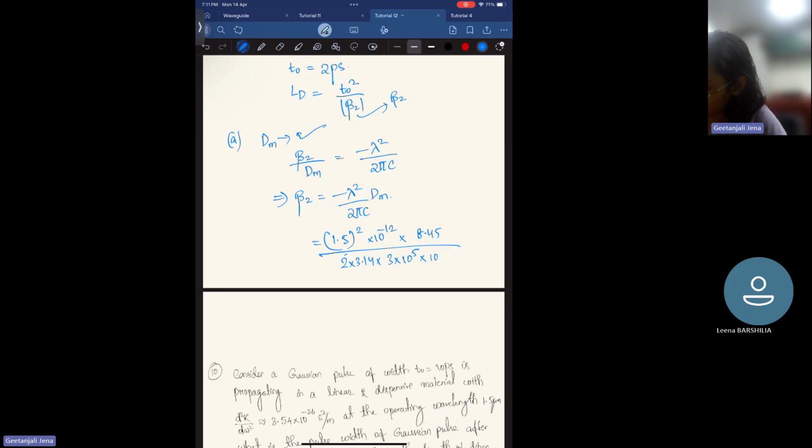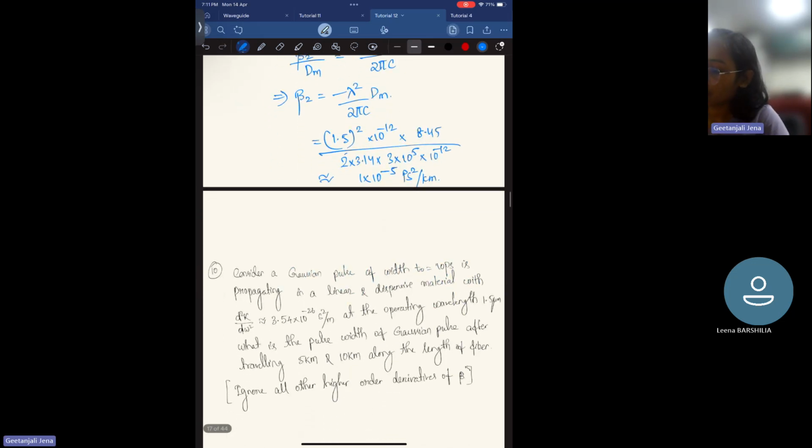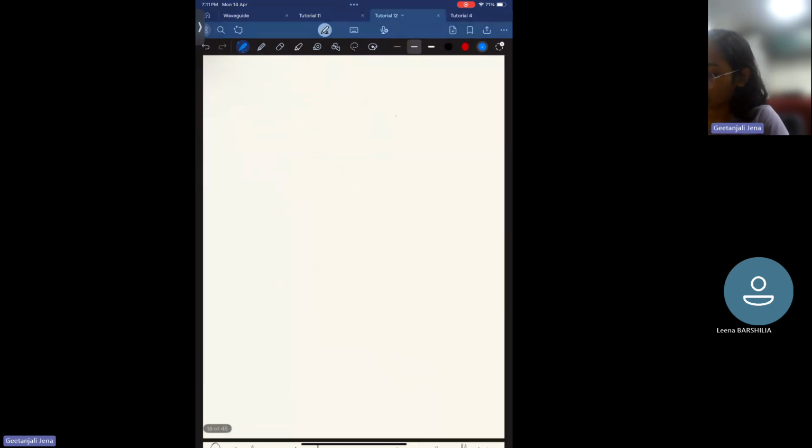This will give 1 into 10 to the minus 5 picosecond square per kilometer. So now we know the value of beta 2.